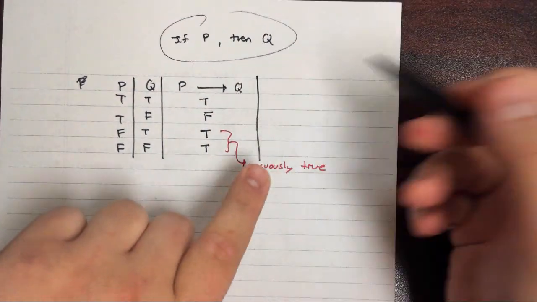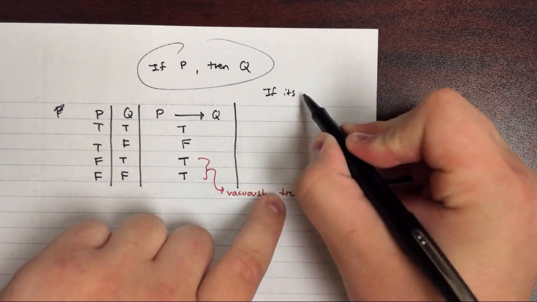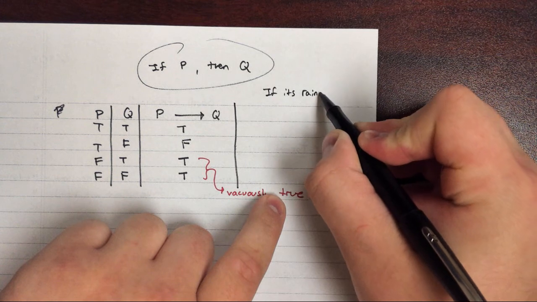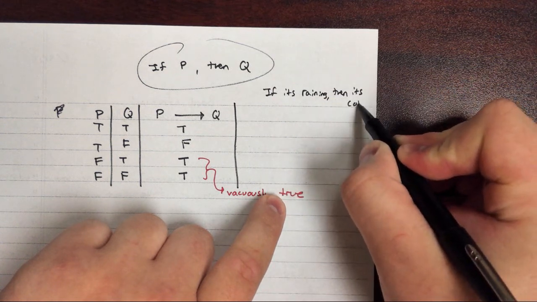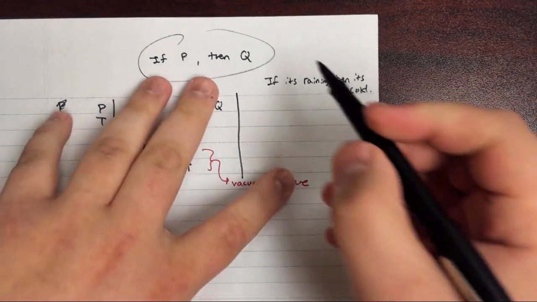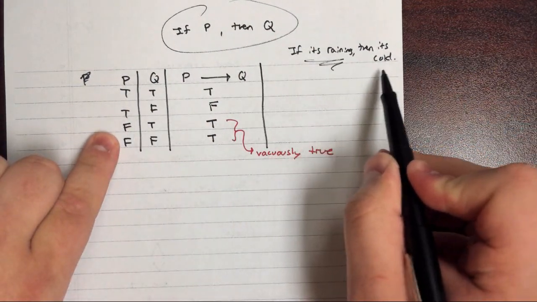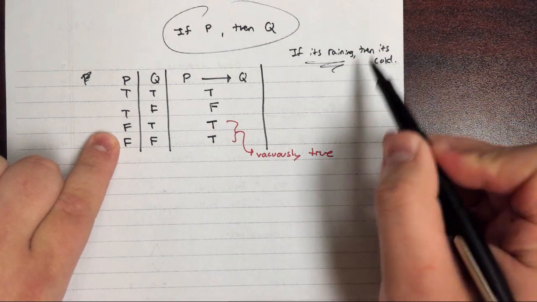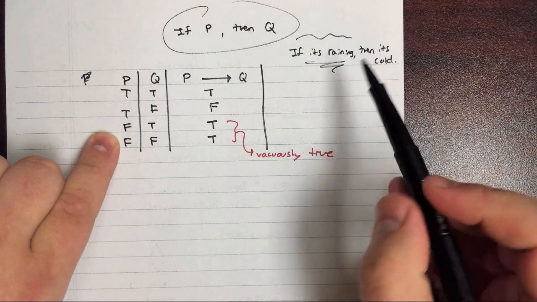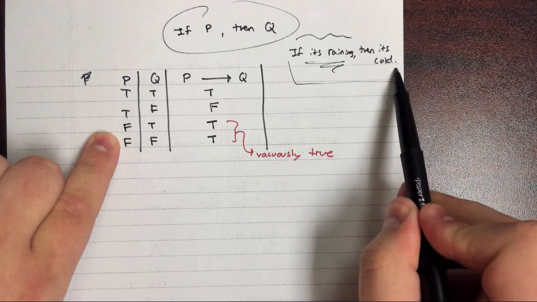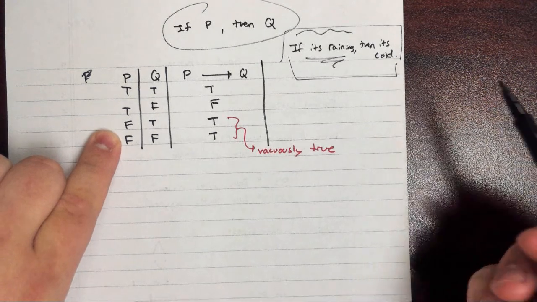Maybe we give it some context, so let's say if it's raining, then it's cold outside or something. So, well, we're saying if it's not raining, I can't conclude anything about the temperature outside because I don't have this first part of the implication. So what we're saying is by default, this entire statement is a true statement. It's called being vacuously true.